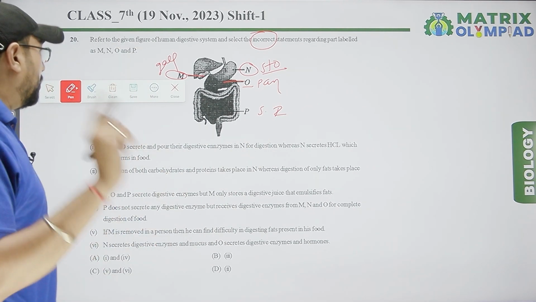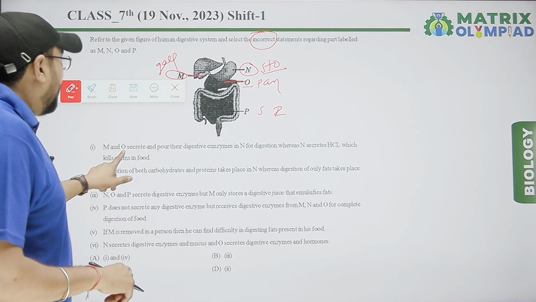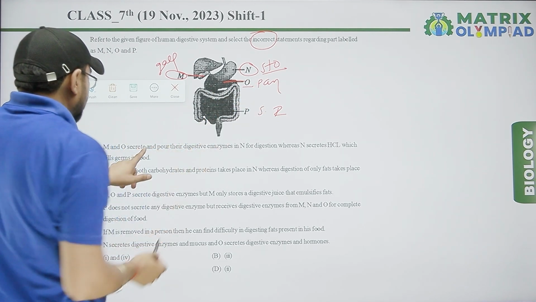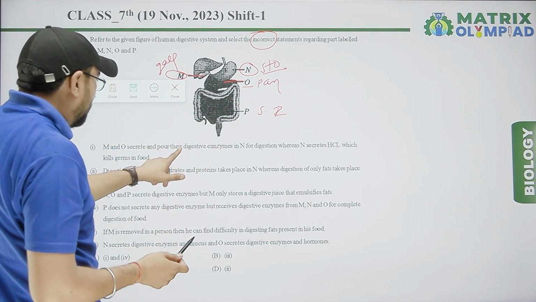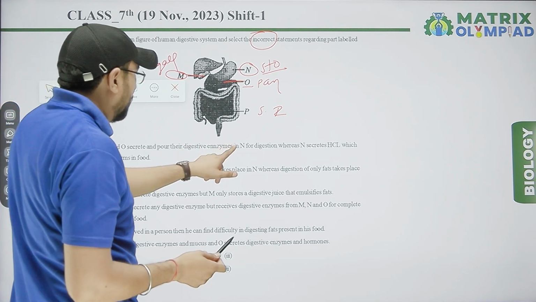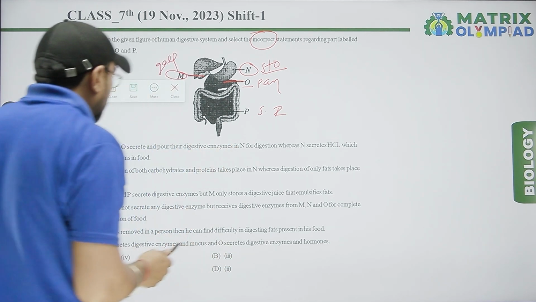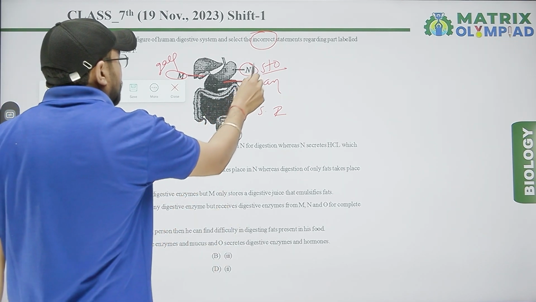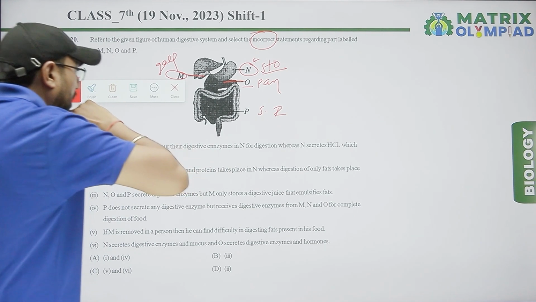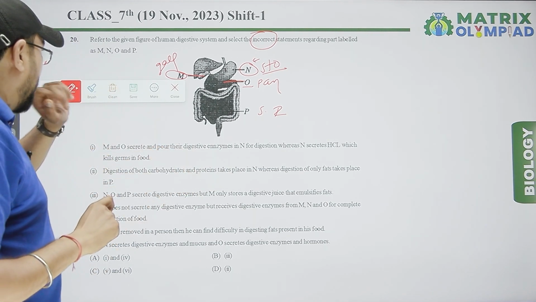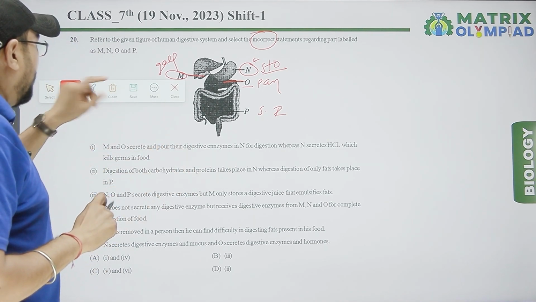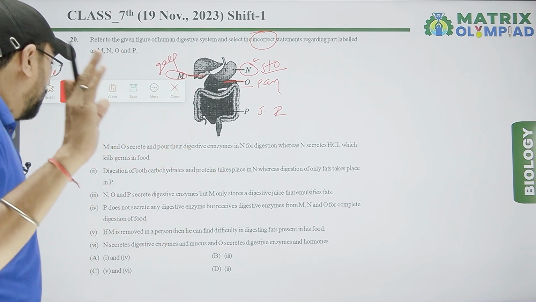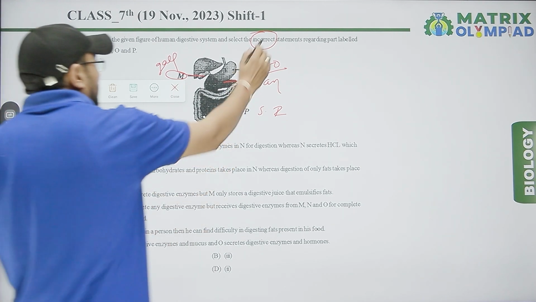So according to the statement, M and O secrete and pour their digestive enzyme in N, that is the stomach. Incorrect. It means pancreas and gallbladder secrete into the stomach. That is wrong, an incorrect statement.